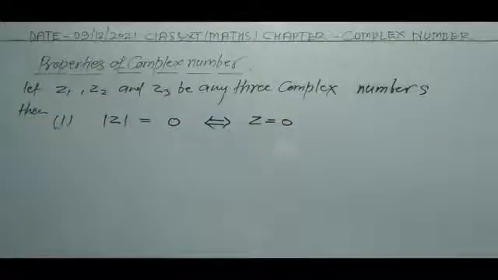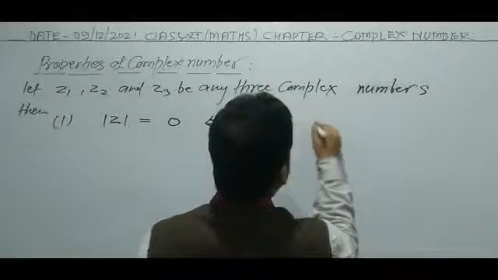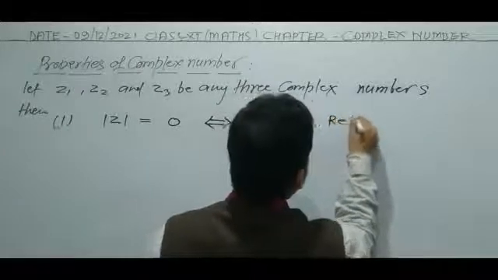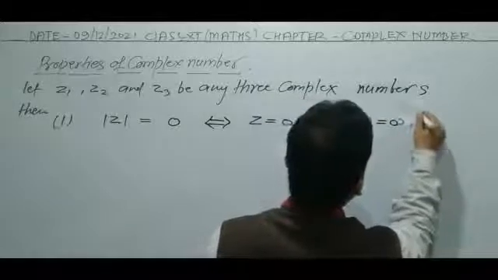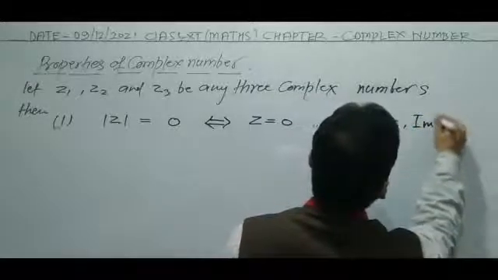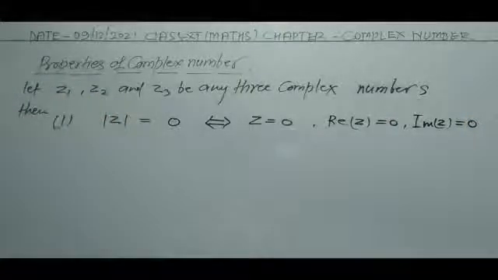Their modulus is 0, we can say z is equal to 0, and it means real part of z is 0 and the imaginary part of z is 0 also. So this is the first property of modulus of complex number.